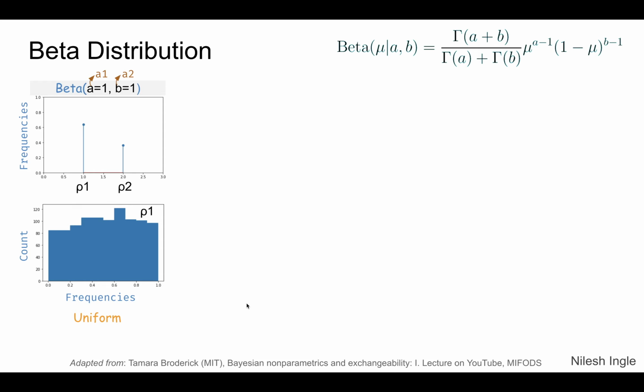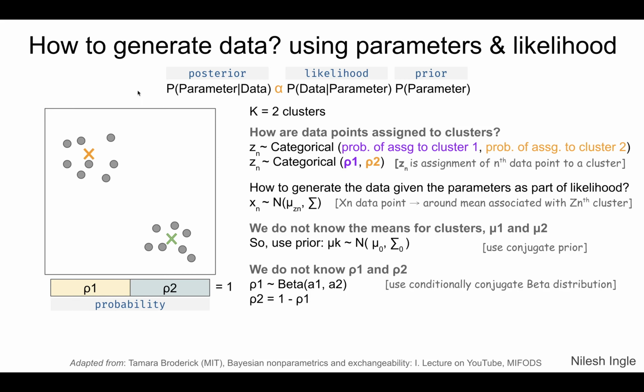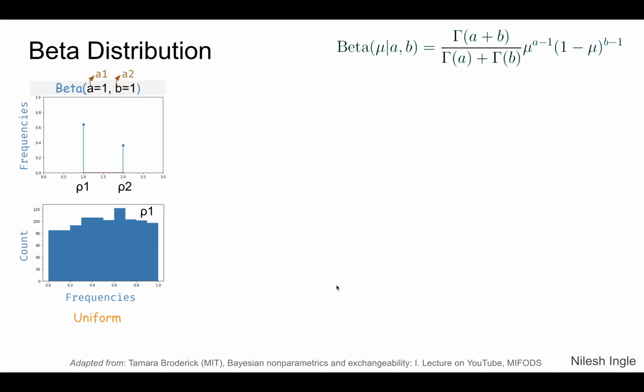Now here are some interesting plots. So the relation that is shown here up top, the hyperparameters are shown as a and b, and that's what I've written here. A is equal to 1, b is equal to 1. However, in the previous slide, I've shown them as a1 and a2. I hope that's not too confusing.